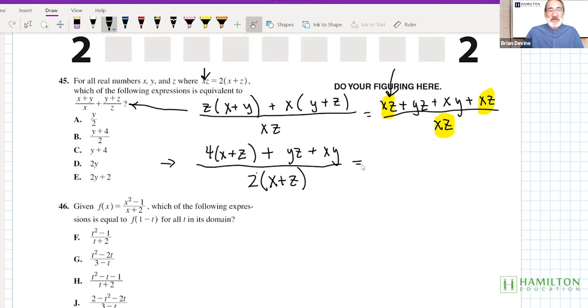So I did all my substitutions, and then I note this. Hey, I can factor y from both terms here. And I'm going to end up with 4 times x plus z plus y times x plus z over 2 plus x plus z.